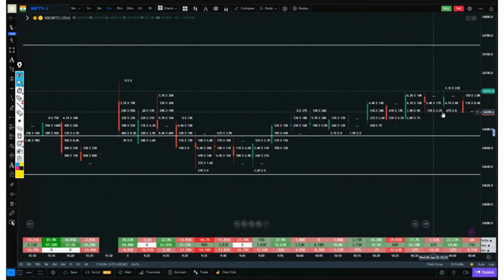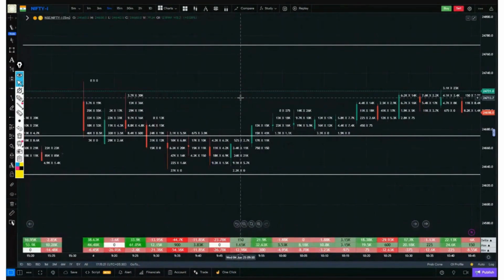So far, we have only looked at the levels in the volume profile. Now, on those same levels, we will look at the confirmation from the footprint: where the buyers came in, where the sellers came in, and what exactly happened and how.